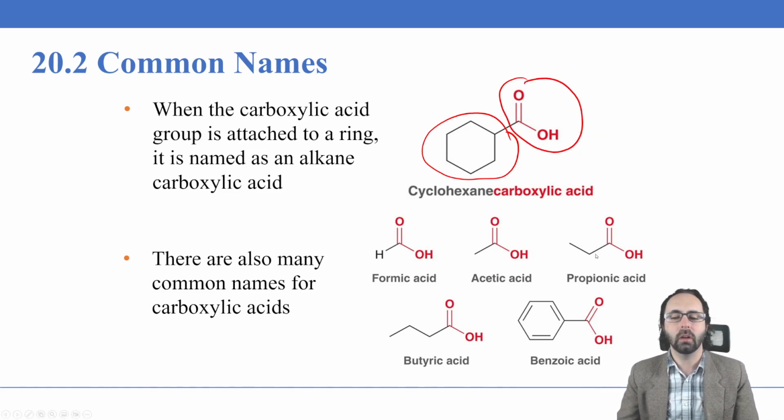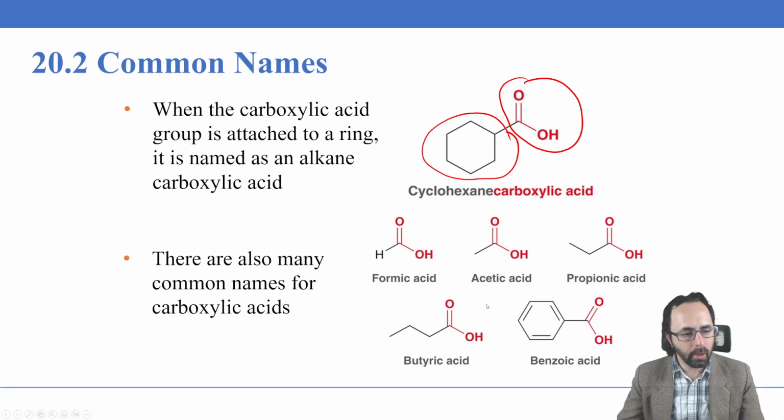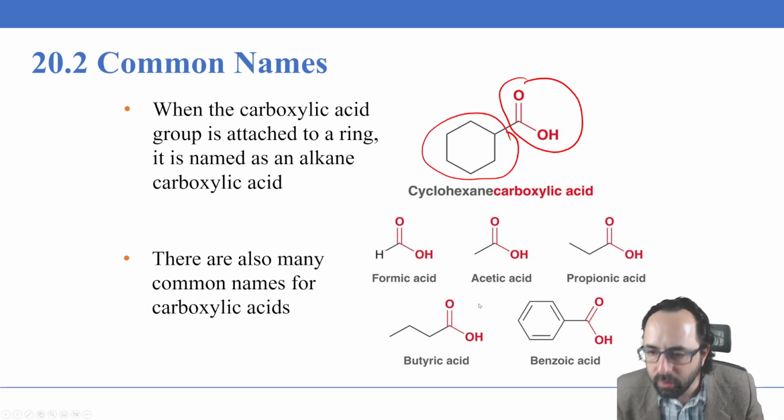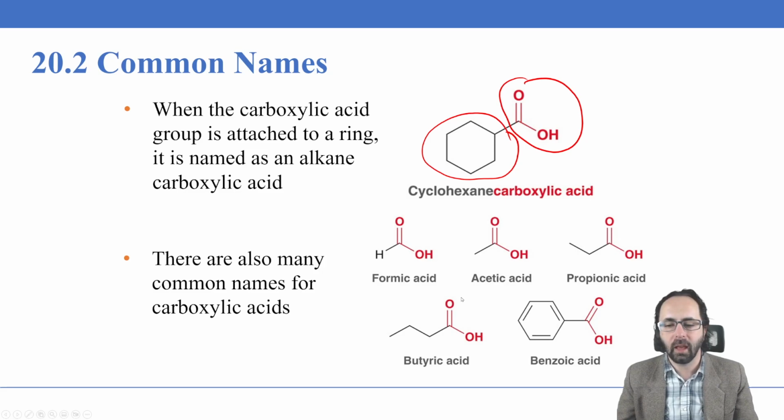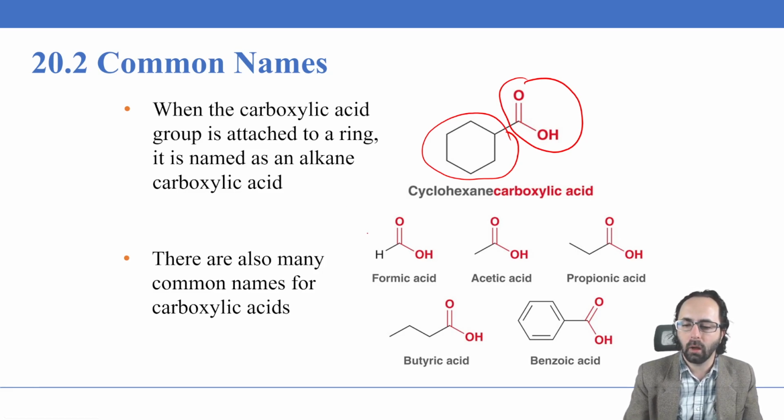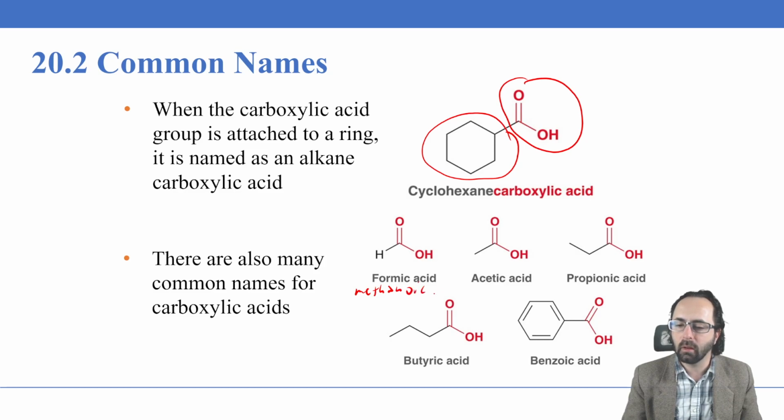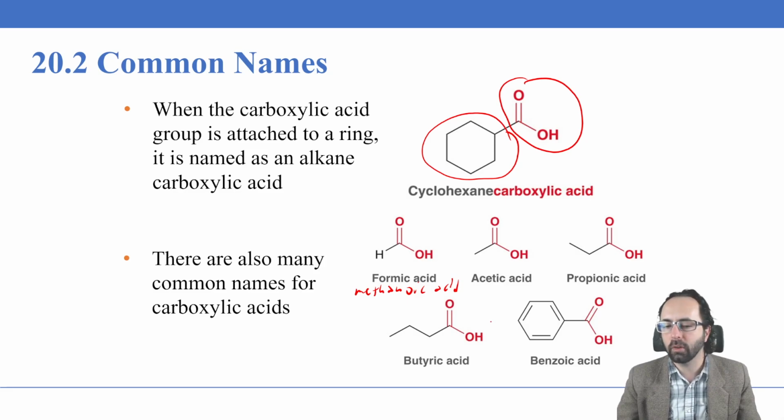And again, there are a number of common names that are very well entrenched in the nomenclature of carboxylic acids, including what would otherwise be known as methanoic acid, which would be the systematic way of naming it, is often referred to as formic acid, and you're going to see this on bottles and stuff. It's just extremely common, unfortunately.